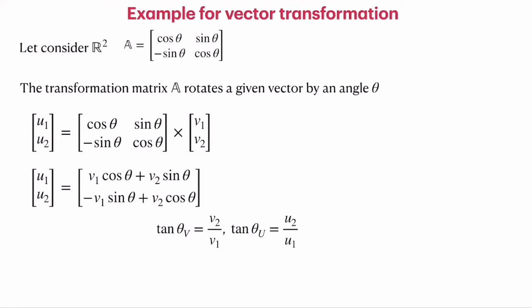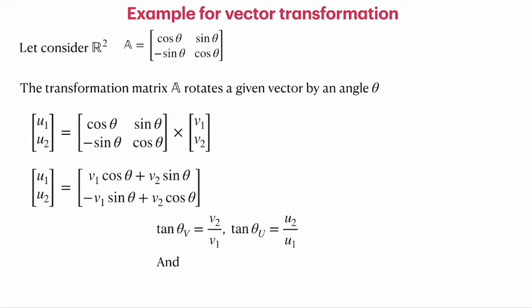Tan of the angle with respect to the x-axis of the vector v is given by v2 by v1, and the tan of the vector u is given by u2 by u1.